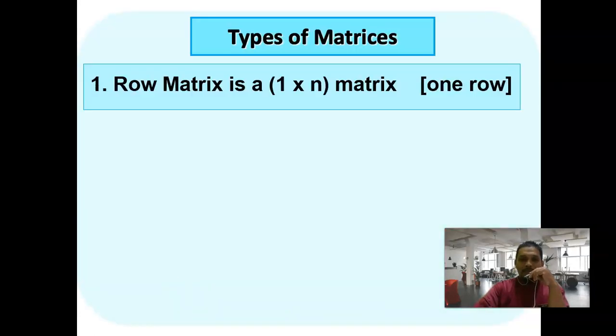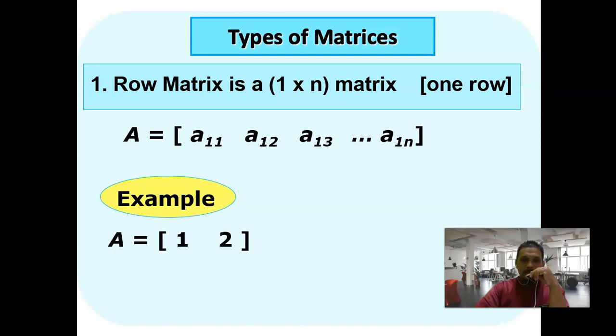Types of matrices. A row matrix is a 1 times n matrix with 1 row. For example, A has 1 row, with column 1 and column 2. There is only 1 row here.